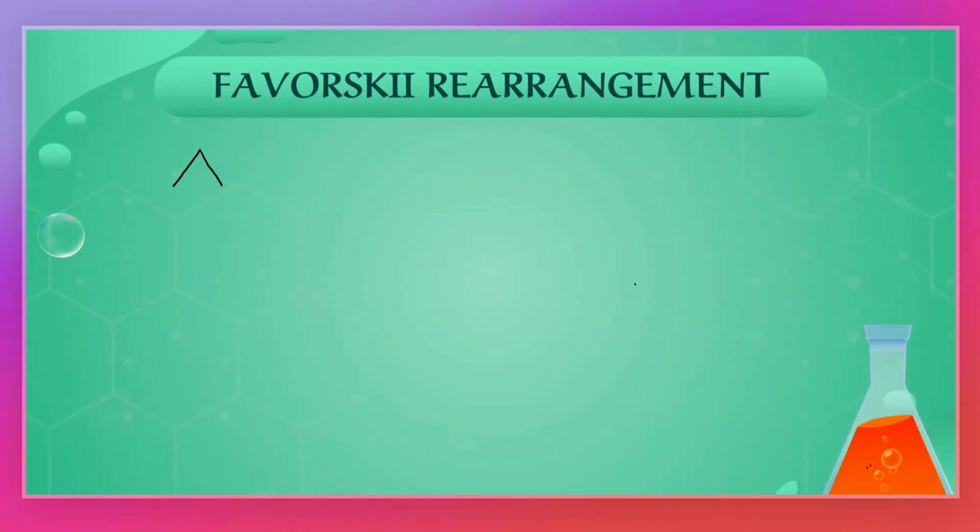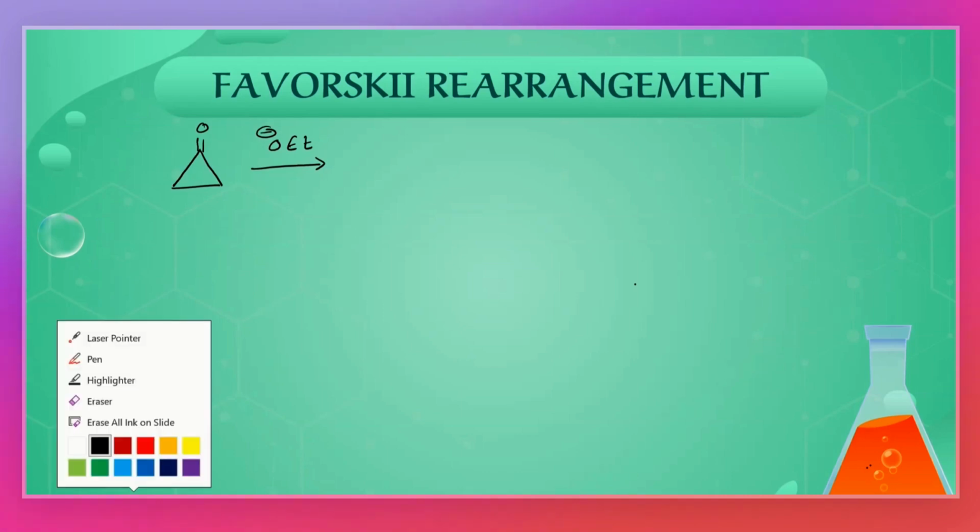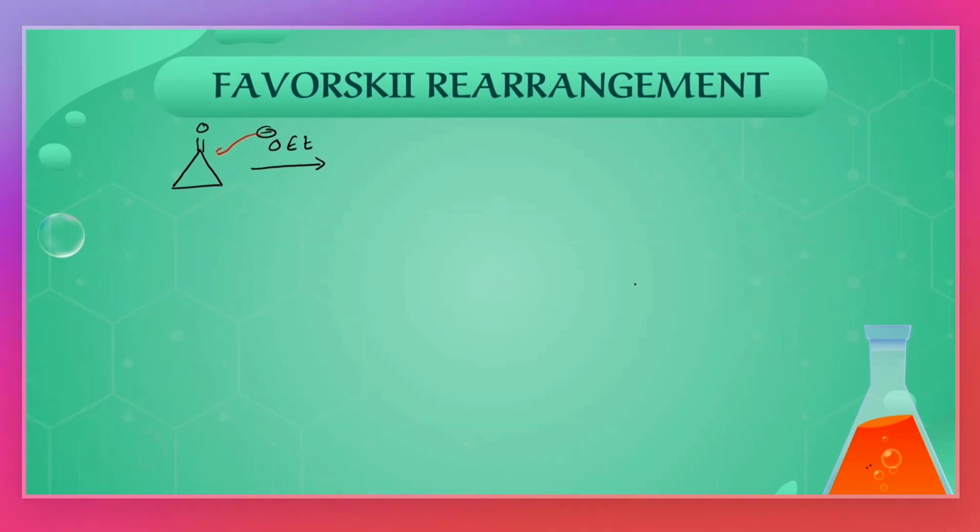So we have seen the formation of cyclopropanone intermediate. This on reaction with the base ethoxide ion gives the tetrahedral intermediate. The cyclopropane ring has CH2 on both the sides.